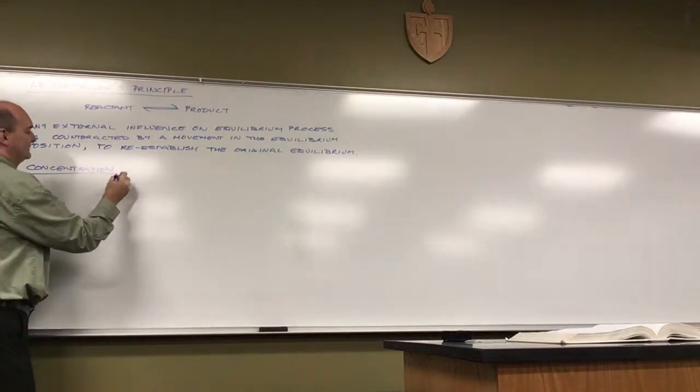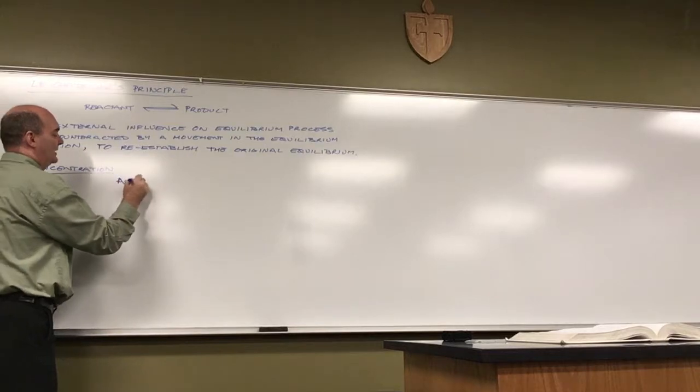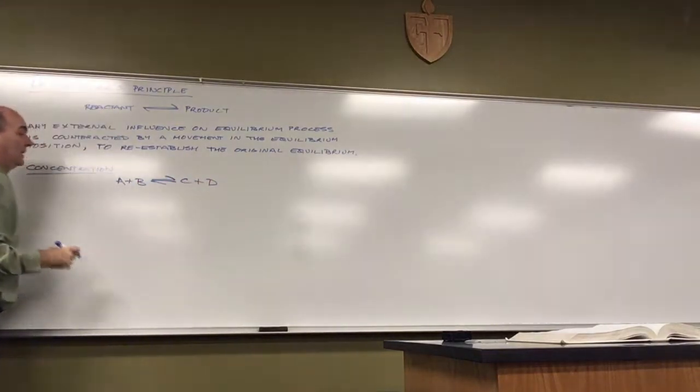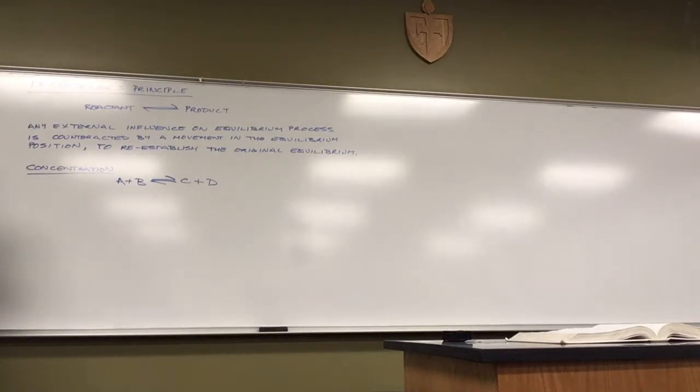It'll make sense. So I've got some A and some B, and they're going to make some C and some D. A and B are reactants, C and D are products.